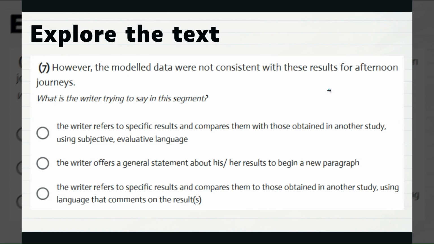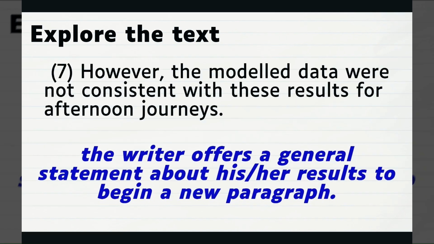Now let's talk about sentence 7. Okay, so what do you think is the writer trying to say in this particular section? Okay, so this section shows us that the writer offers a general statement about his or her results to begin a new paragraph. So why do we say that this is a statement to begin a new paragraph?